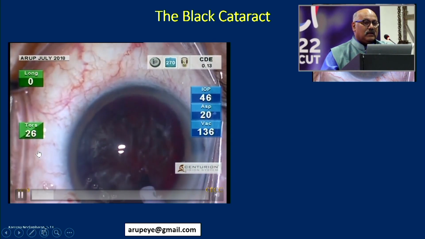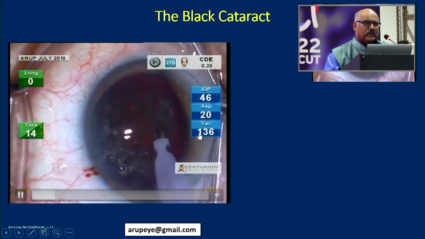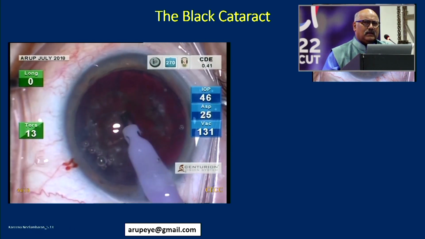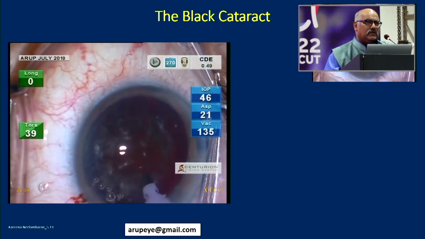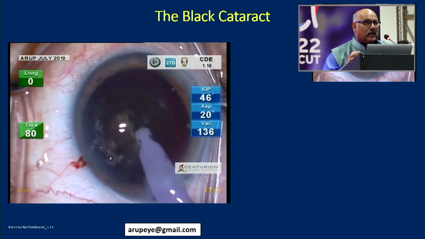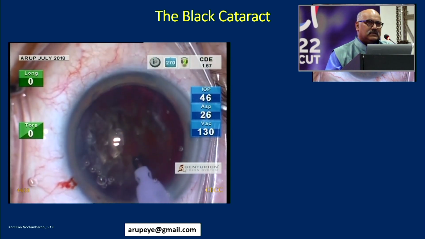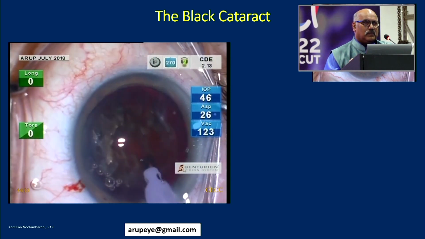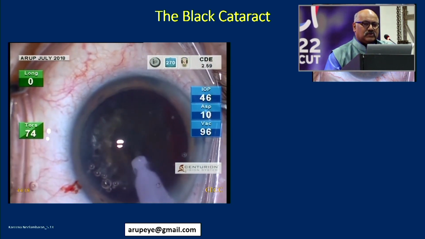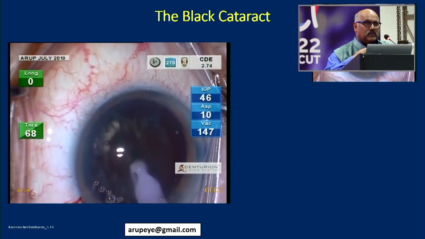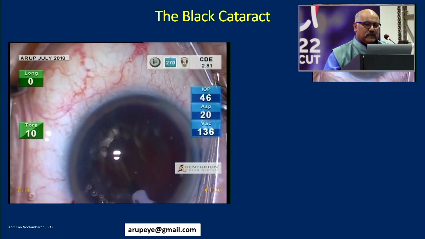But I require a torsional. I set it up at 80% or 90%. And this particular machine with the balance tip has an amazing cutting power. All right. So hard cataracts, 70% to 90% torsional power, it enables you to cut the nucleus, to sculpt the nucleus with great amount of ease.